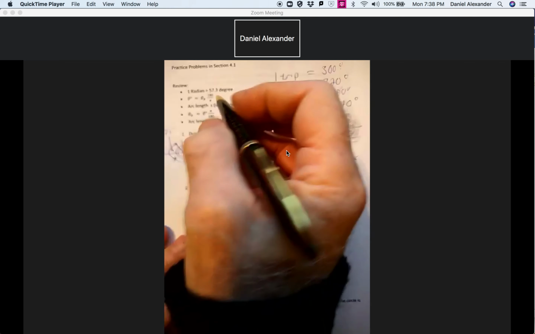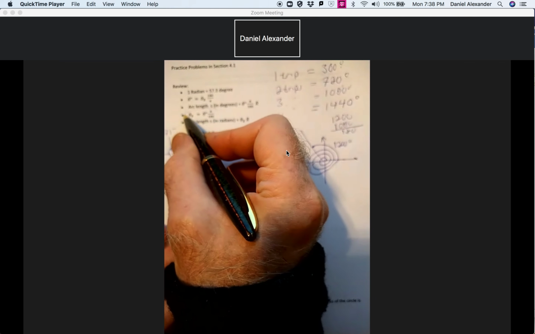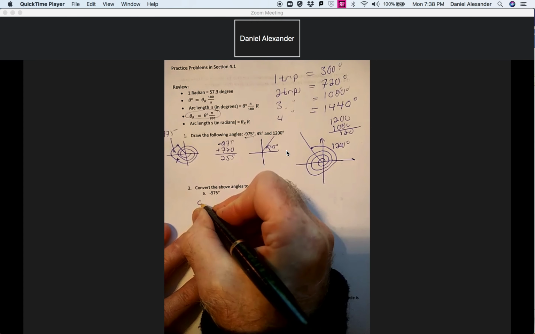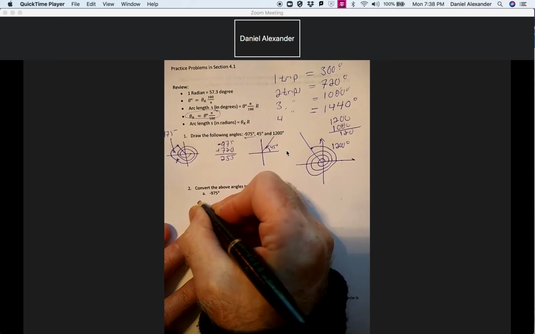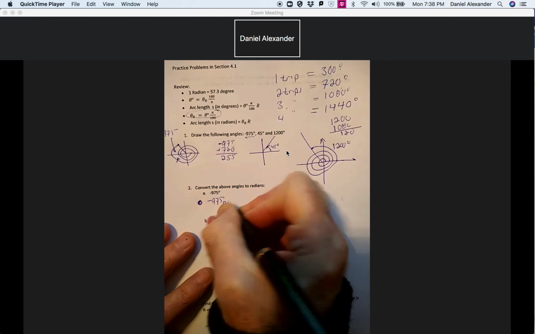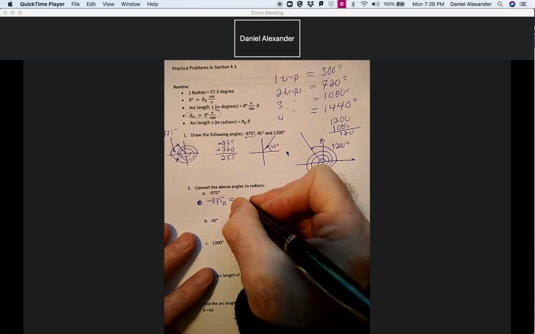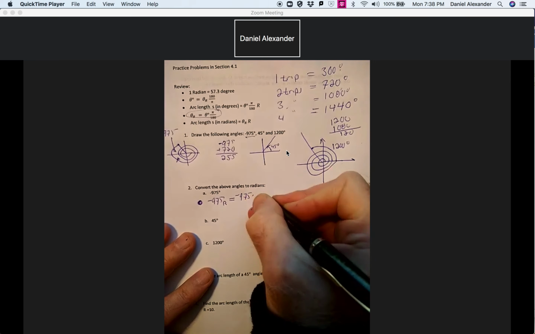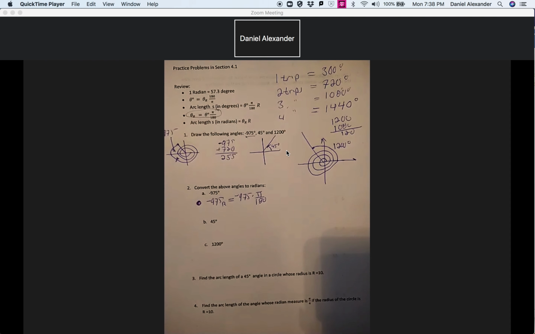Okay, so I want to convert these angles to radians. So I am going to use this formula right here. So minus 975 in radians is going to be equal to minus 975 times pi over 180. And I worked this out, and at least I thought I worked it out. Maybe I didn't.